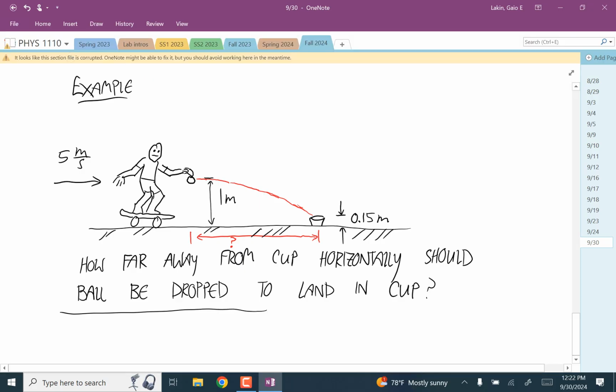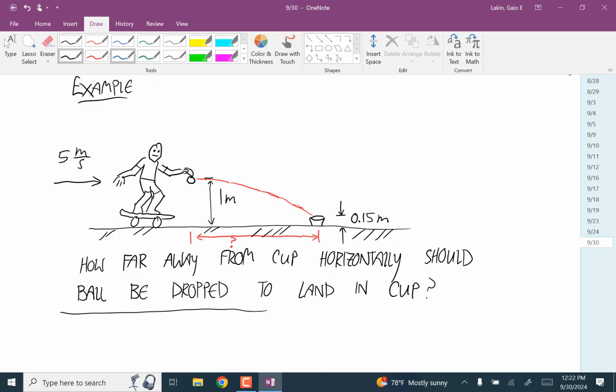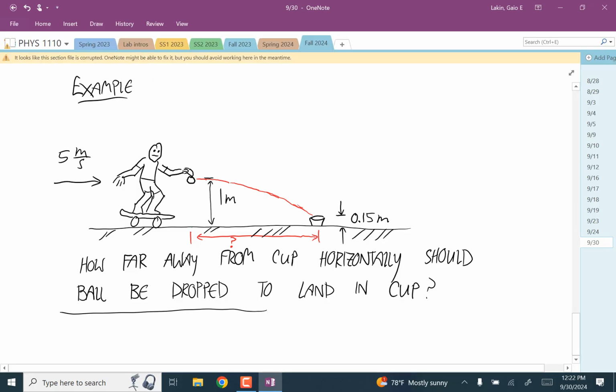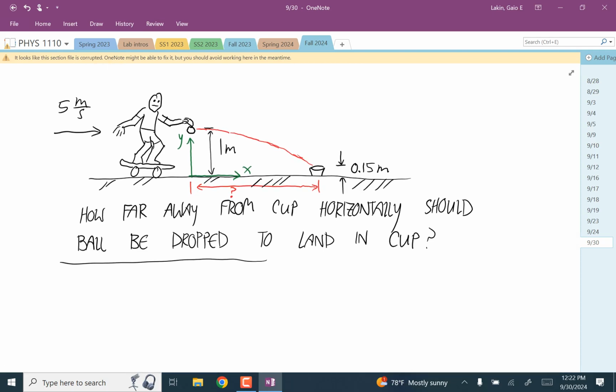Okay, so the first thing we need to do is choose the coordinate system origin and orientation, and then the 2 times. So I'm going to put the coordinate system on the ground, right beneath where the ball is released. Time equals 0 is going to be the instant it's released.